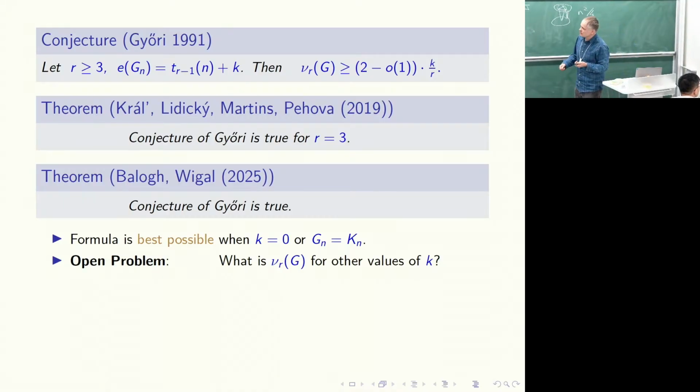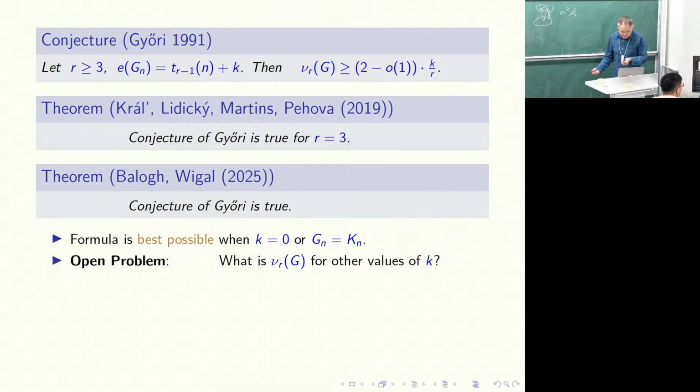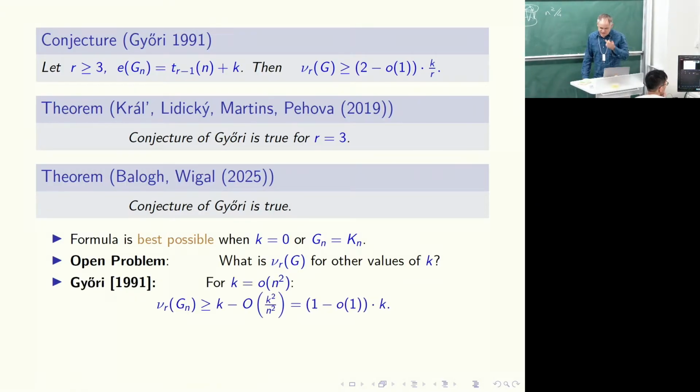So the range between k equal to 0 and the complete graph is somewhat wide open. A partial result is that if k is little o of n square, then the number of edge-disjoint cliques should be about k.